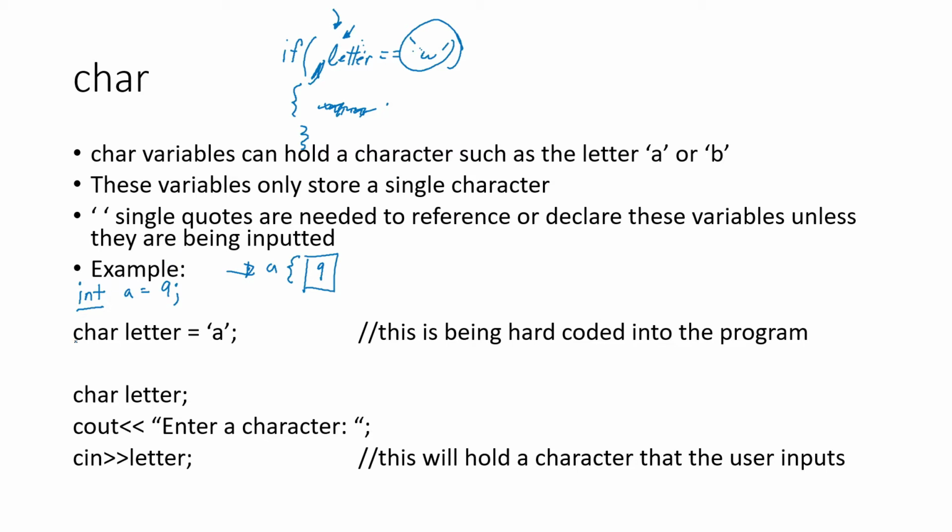Same thing over here, but different in concept. Instead of an integer variable, this is a character variable, and we named the variable letter, and it contains the character a. So we have our block of memory that we've allocated by declaring the character variable.